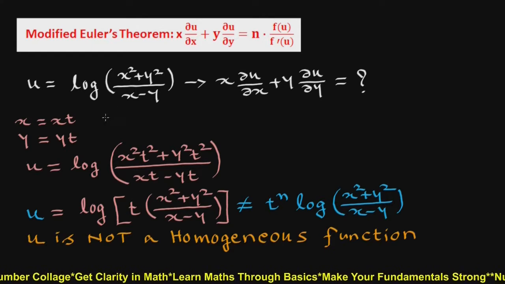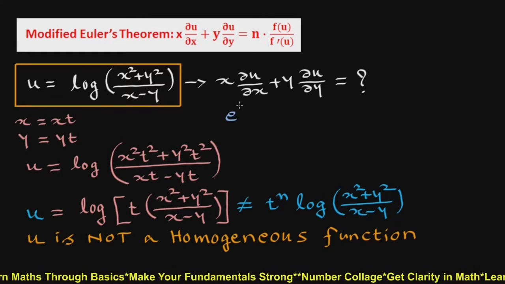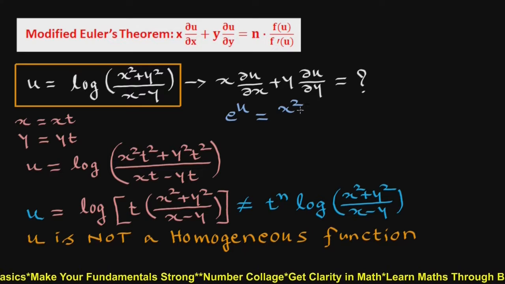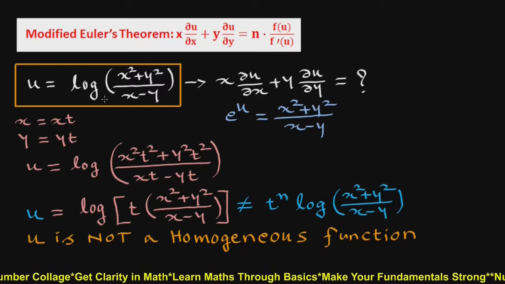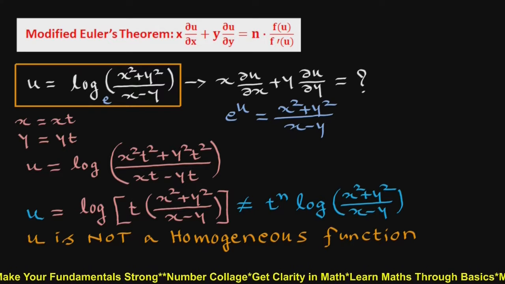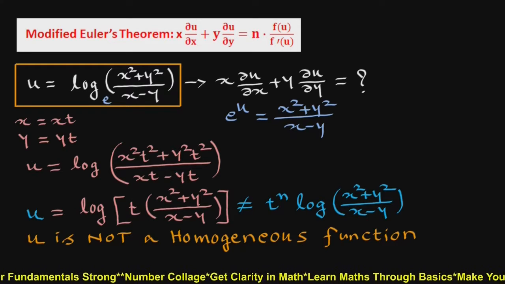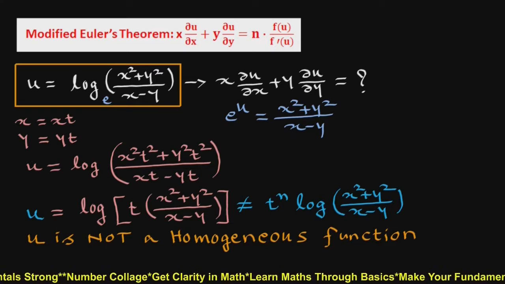But if we write this function as e raised to u equals (x square plus y square) upon (x minus y), the base of this log is e, and this is according to conversion of logarithmic form into exponential form.